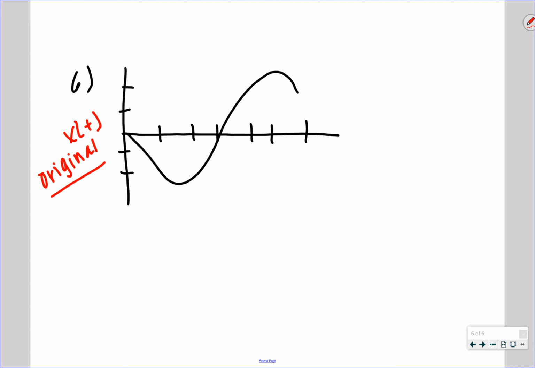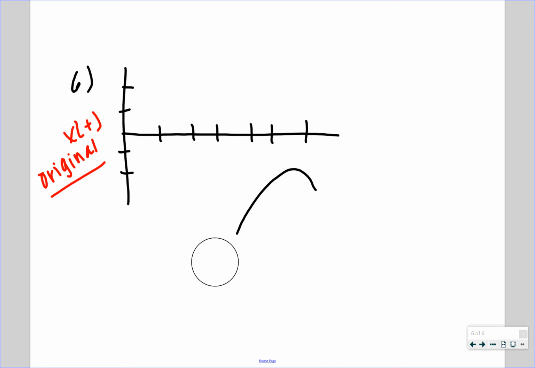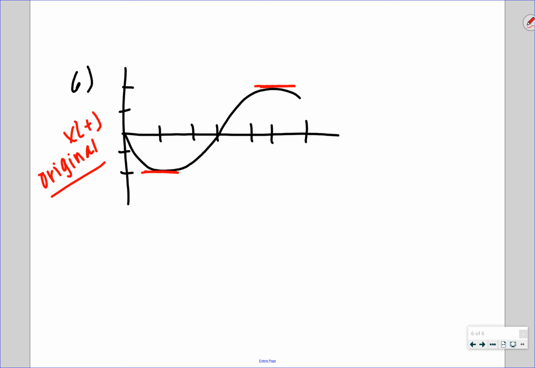The graph has horizontal tangents at t equals 1 and t equals 5, and a point of inflection at t equals 2. I should redraw this curve. Let me just keep drawing this horribly. All that means is that this has a horizontal tangent here at 1, a horizontal tangent here at 5, and at 2 is my point of inflection.